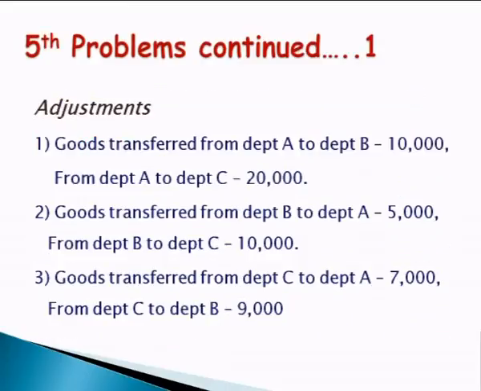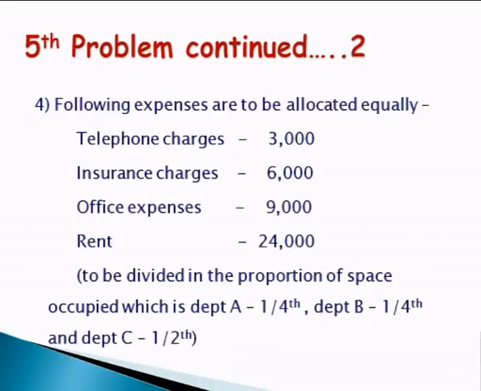This we have taken, goods transferred from A to B, all this we have taken. In the fourth adjustment they have given that the following expenditures are to be allocated equally: telephone charges 3,000, insurance 6,000, office expenses 9,000, and the rent 24,000 should be divided in the proportion of the space occupied. Space occupied means area of floor space occupied.